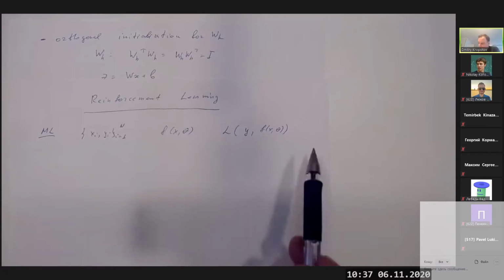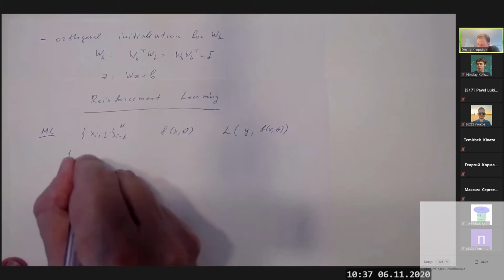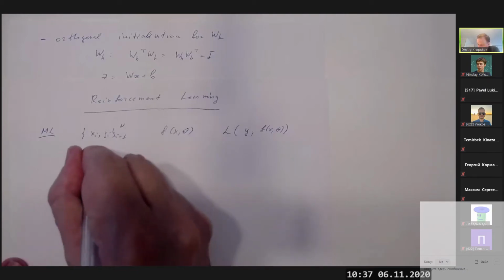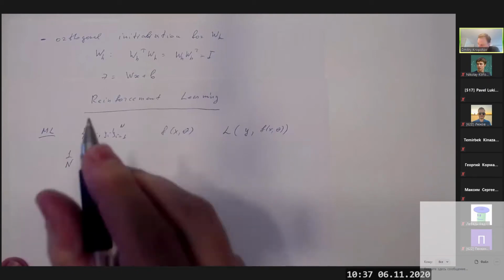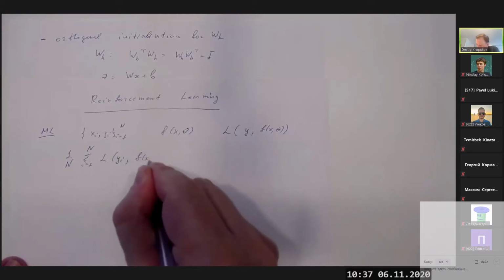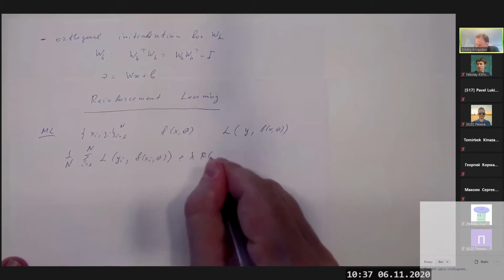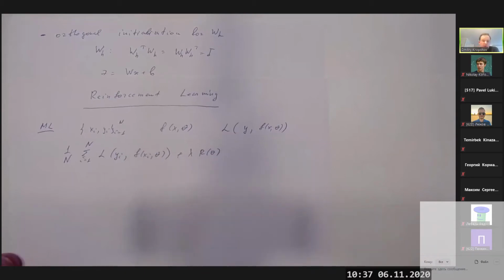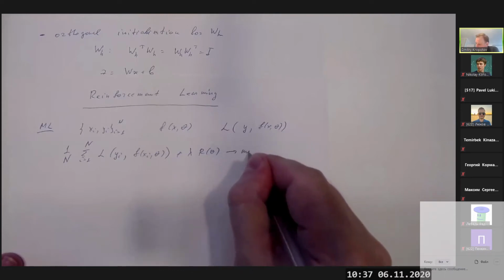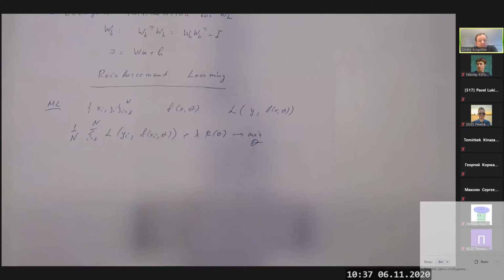And in order to learn the parameters theta here, we formulate the optimization problem of the following kind: a summation over all objects from the training set of our loss function, possibly plus some regularizer over parameter theta, and we minimize this with respect to our parameter theta.